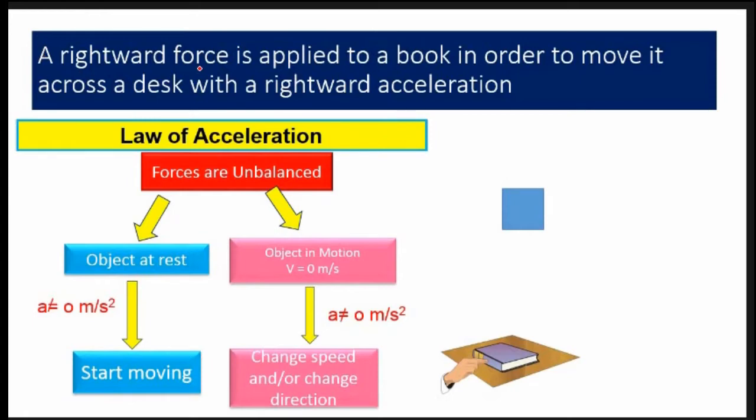So let's have this situation here. A rightward force is applied to a book in order to move it across a desk with a rightward acceleration. Now, let's try to make a free body diagram out of this situation. So we have here the box representing the book, and yes, it has a weight. And why is this book not falling down?